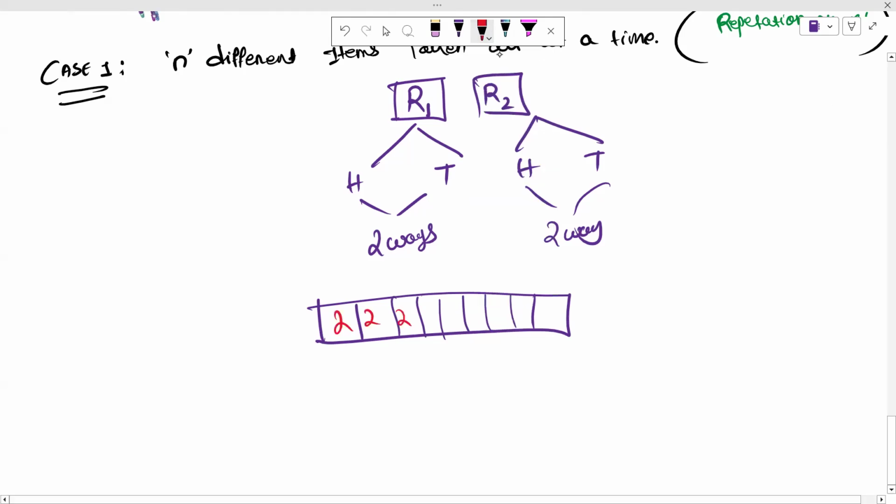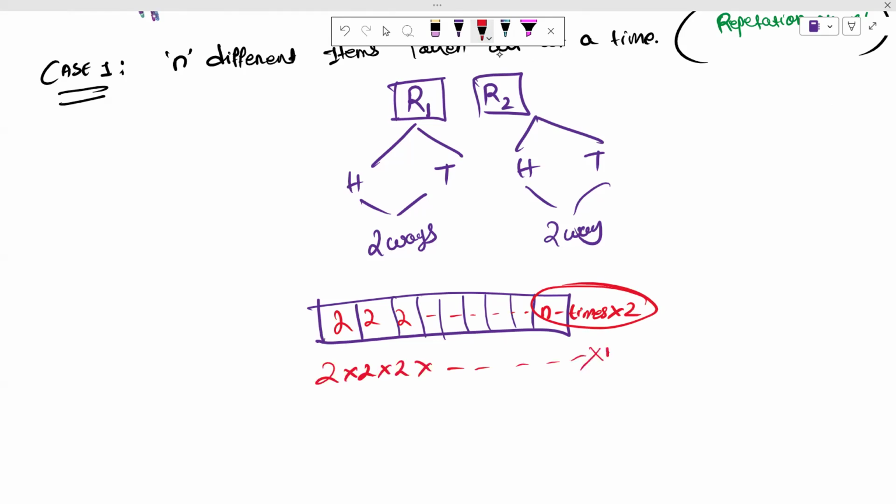So 2, 2, 2, like this, it will be multiplied n times. So here you write 2 multiply 2 multiply 2, dot dot dot, n times.